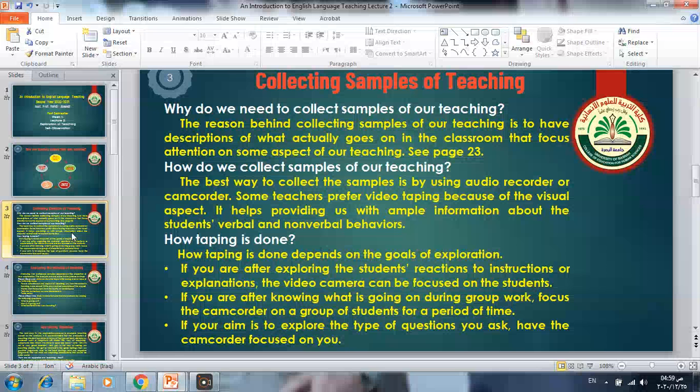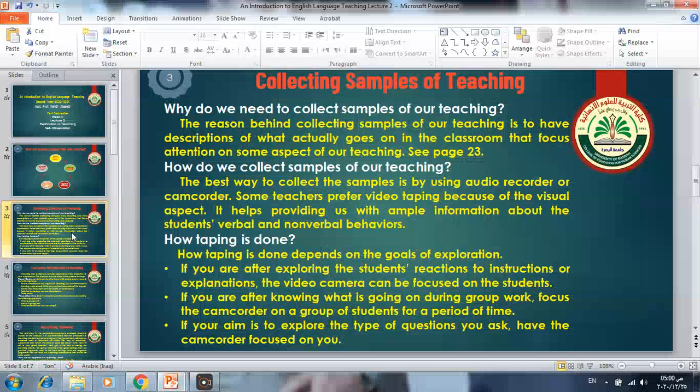This time, if you want to know what is going on in group work, you focus the camera on one group for a period of time so that you can identify what is going on inside this group. Okay, and later you go to another group and to another group so that you can make a clear image about what is going on in group work.